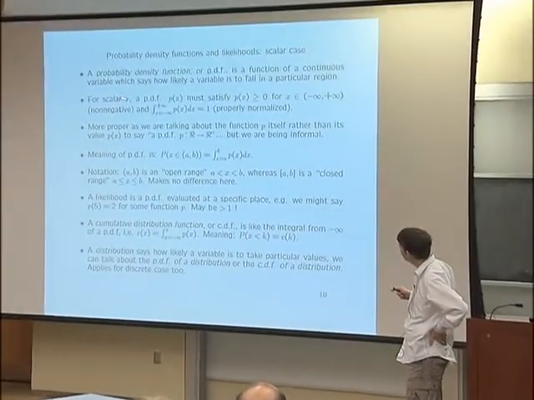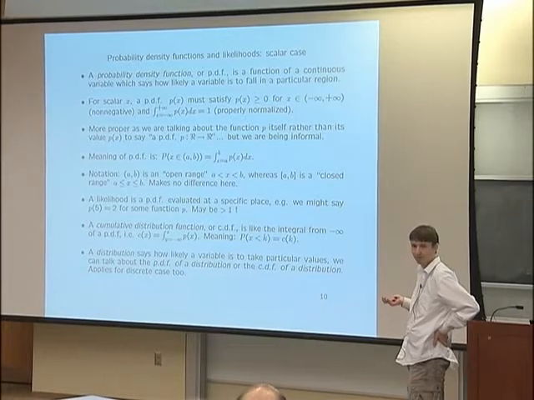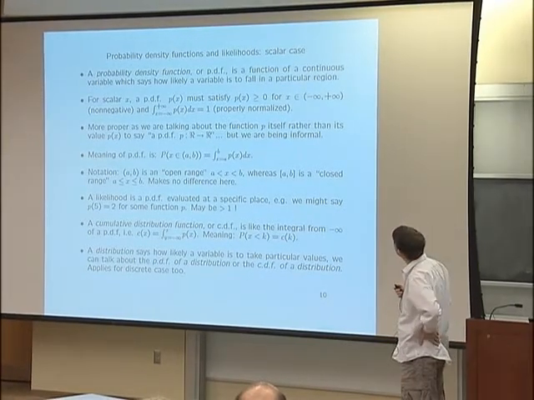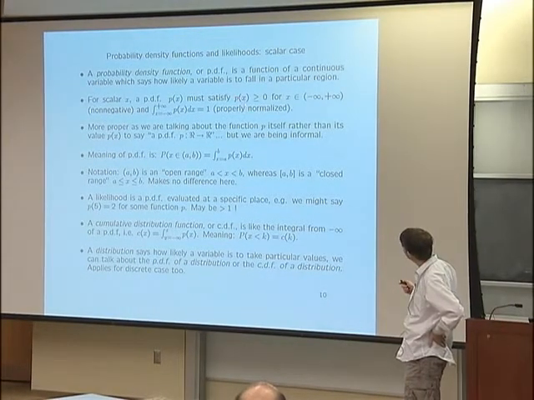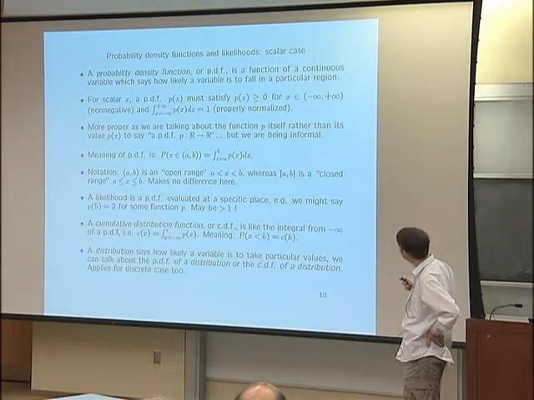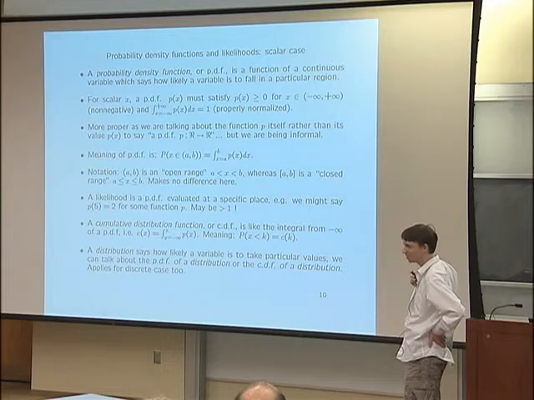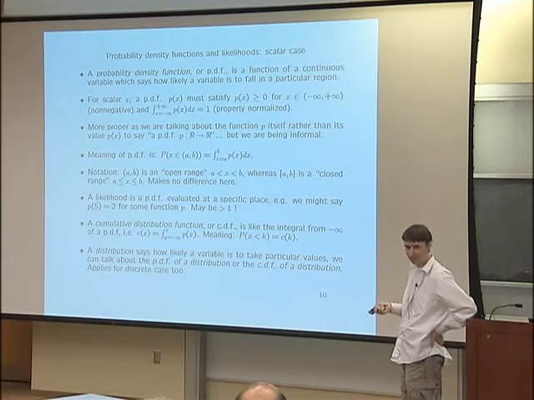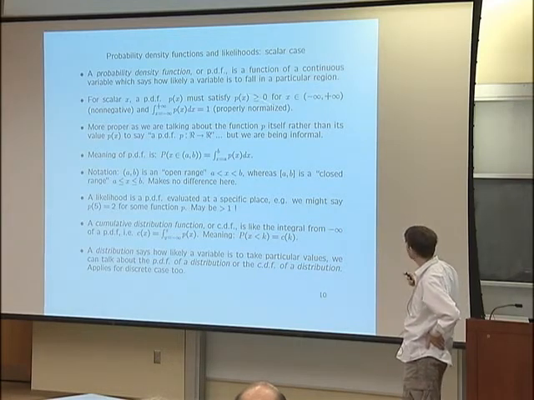So, for instance, for a scalar x, like a floating point value, or a real value in mathematical notation, p of x must always be more than or equal to 0, otherwise a probability can't be negative.